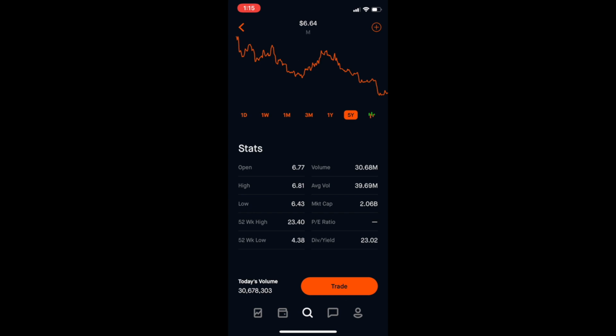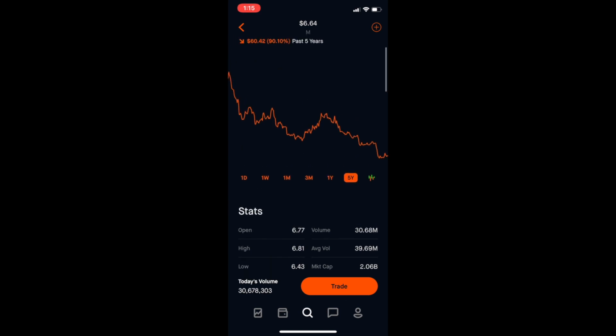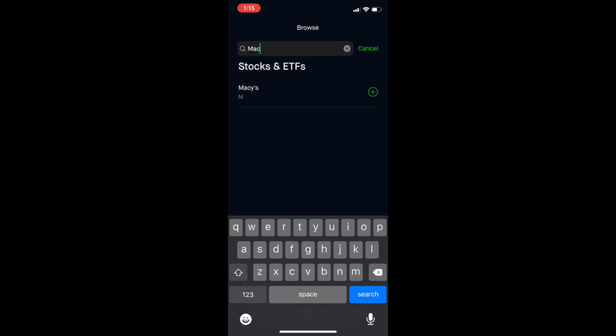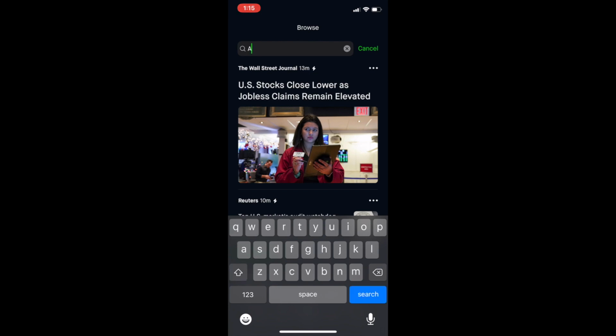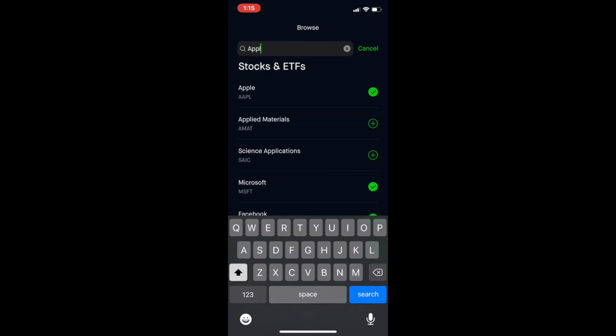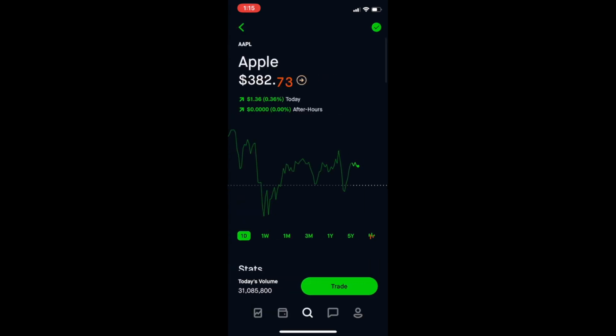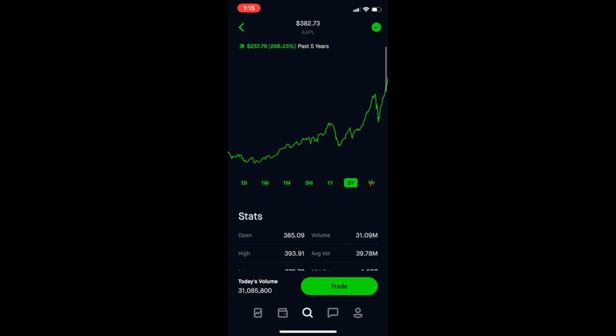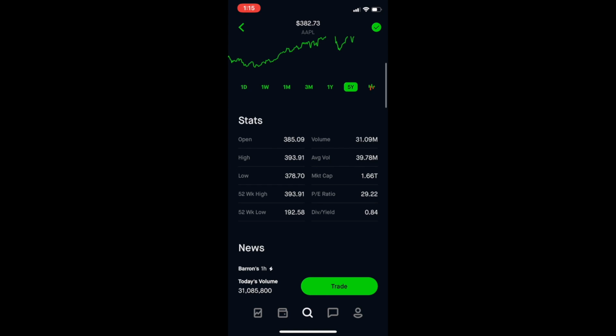I don't like this scenario because you are losing stock value even though you're getting dividends, only 23%, but you're losing so much in stock value. Whereas when you look at Apple, they're offering you very little dividends, 0.89, I think 0.84. But you are also getting so much from the stock value.